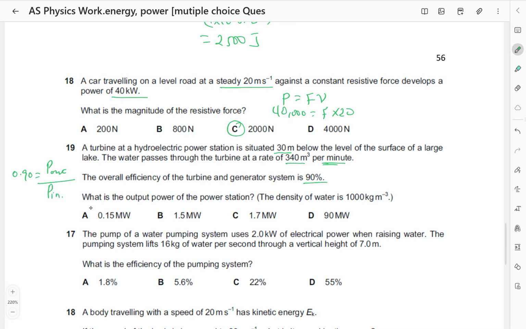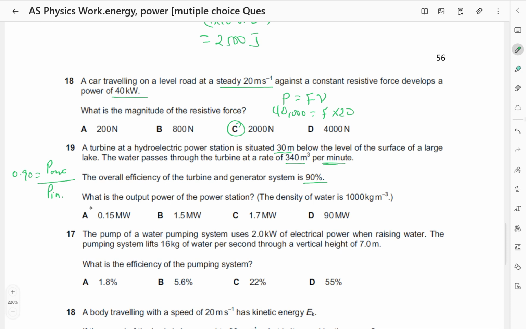But what is the total power input? The water passes through the turbine at a rate of 340 meters cubed per minute. So it will be the total work done by the water which passes over the turbine.